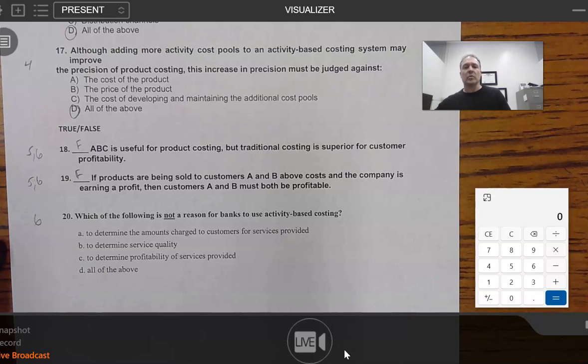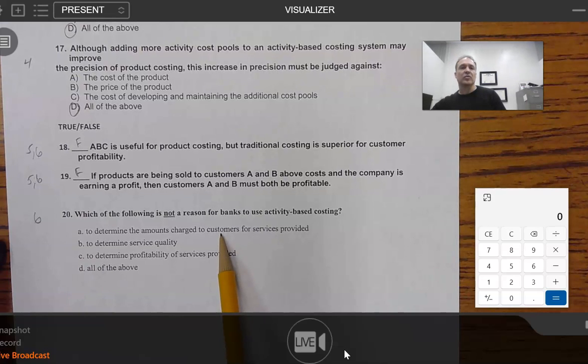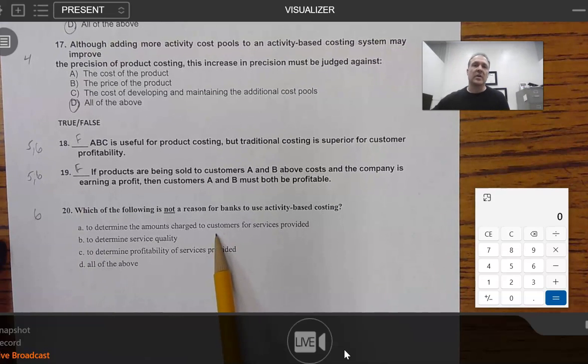We could absolutely use activity-based costing to determine amounts charged to customers for services. Generally, this is the cost component that they're alluding to here. We have a cost of providing services in a banking setting, and then we have a markup on those costs. So A is a good answer. And then I want to drop down to C, to determine profitability of services provided. This is a revenue and cost item.